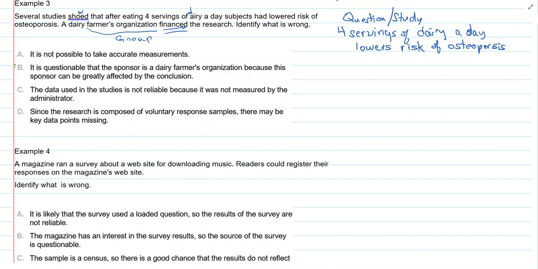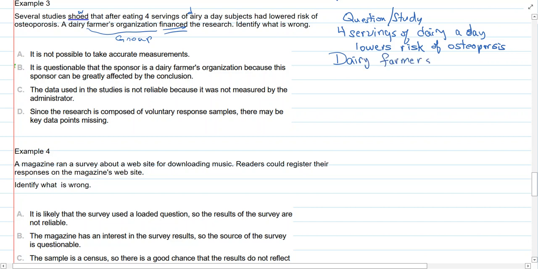All right. Well, what are the problems here? Well, now we can state that dairy farmers have a vested interest. They sell dairy product. Vested means they have a monetary concern about people drinking milk.